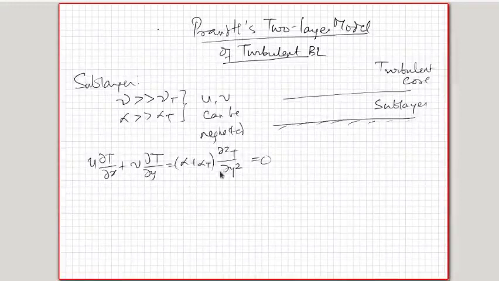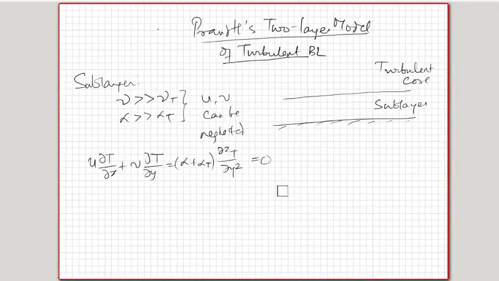So del square T by del y square multiplied by alpha plus alpha t goes to 0. Since alpha t can vary with y, I should write this in a slightly different form.